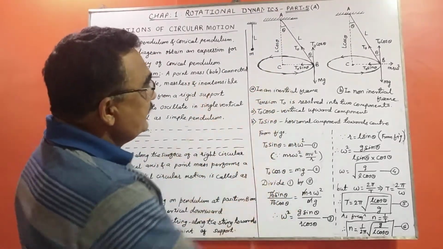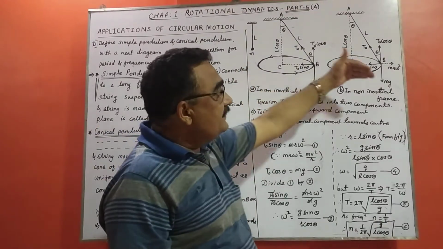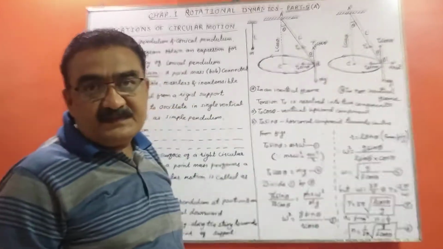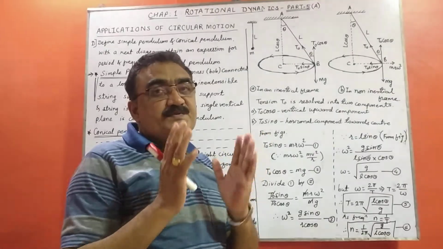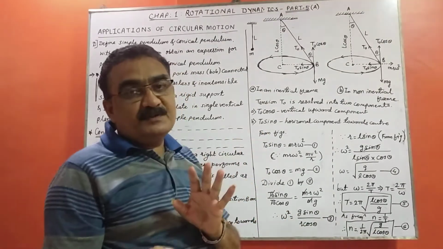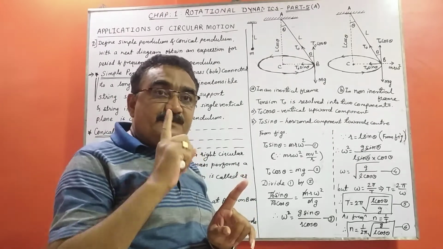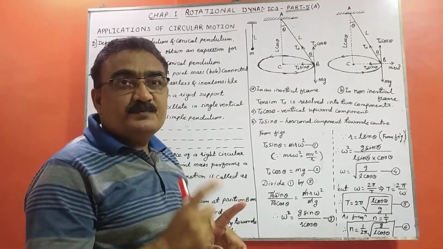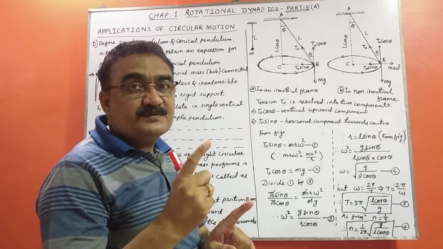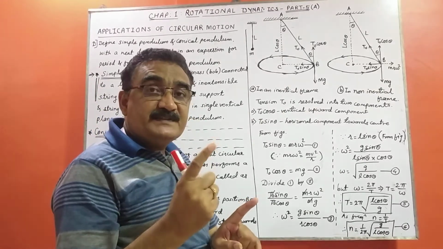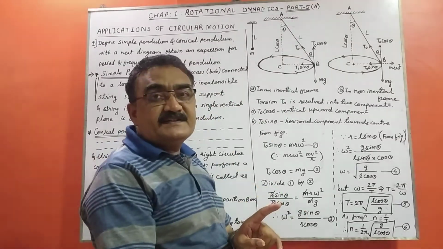Now we can see the diagrams in the inertial frame and in the non-inertial frame. You know two forces, centripetal force and centrifugal force. Centripetal force is a real force and centrifugal force is a pseudo force. That is not a real force, and centrifugal force exists only in a non-inertial frame.